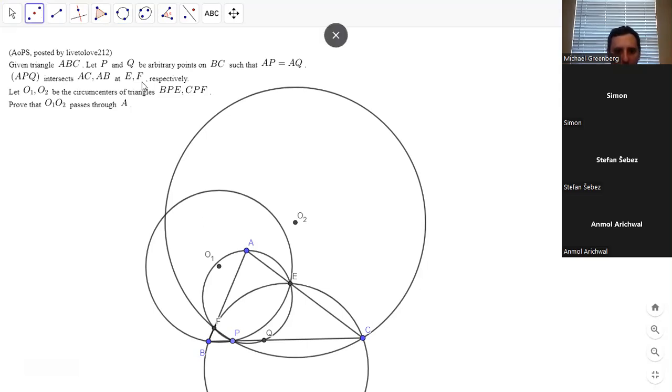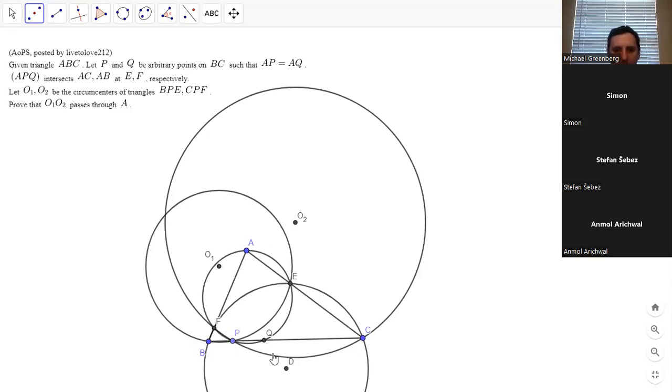And maybe it'll help to draw the center of this. I don't know for sure. So O1D, yeah. So we have angle AFP equal to angle AQC, right? Because AFPQ is cyclic.